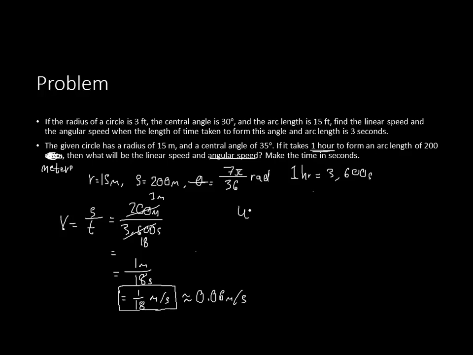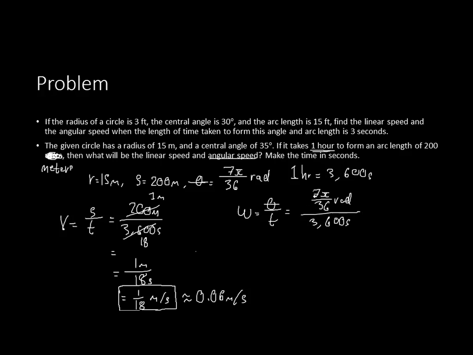Now, how about your angular speed? The same thing, we can substitute the angle here. So 7 pi over 36 radians all over your time, which is 3,600 seconds.